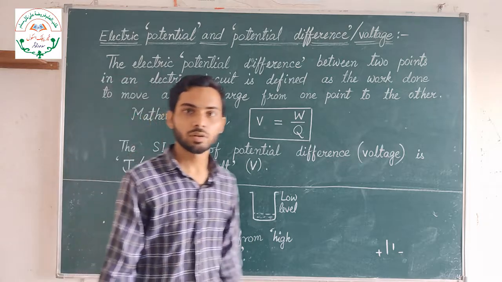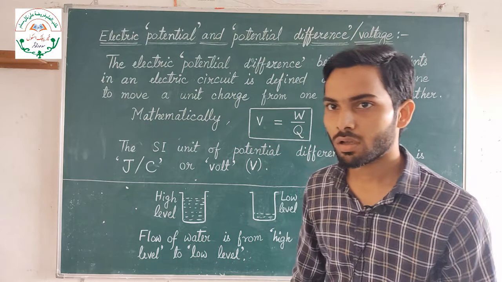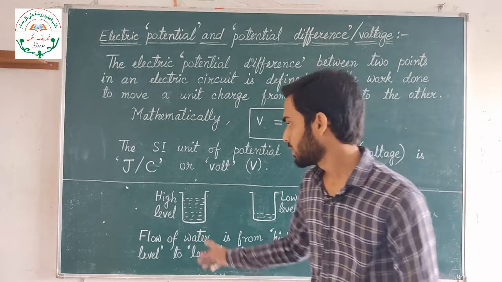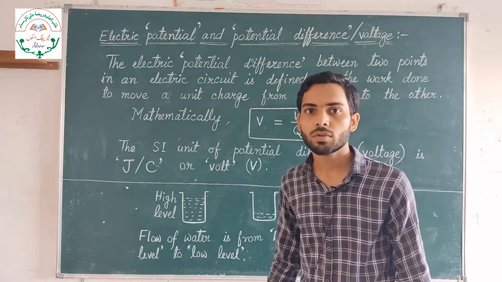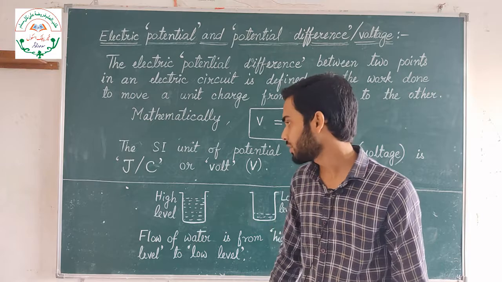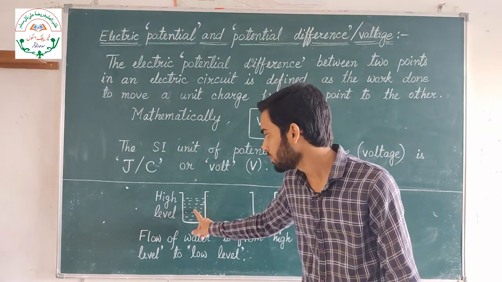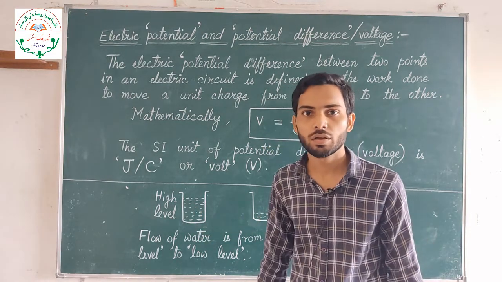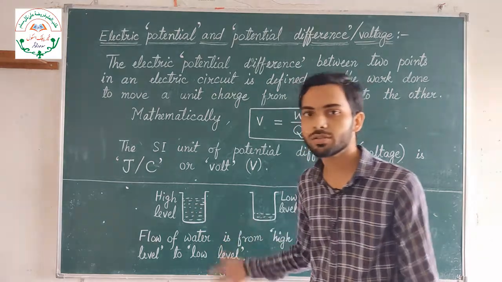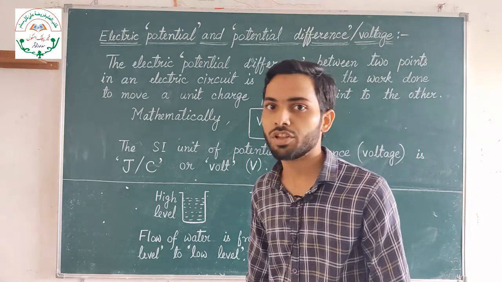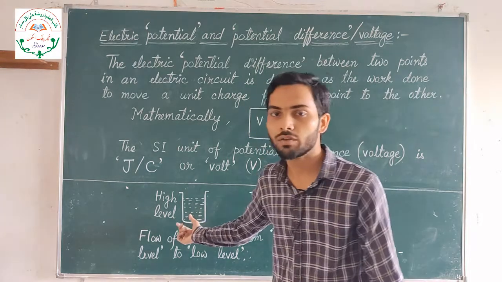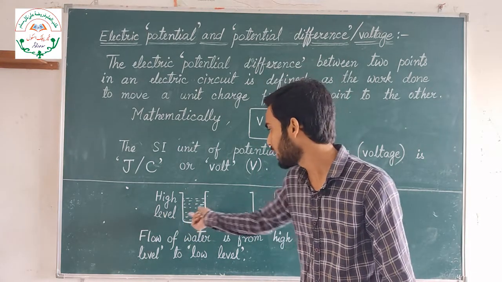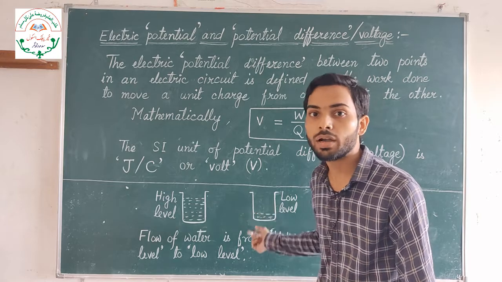So my question is, my dear students, can water flow from this beaker to this beaker? Is there any way that the water can flow without disturbing both the beakers? There is not any way. The water cannot flow from this beaker to this beaker.